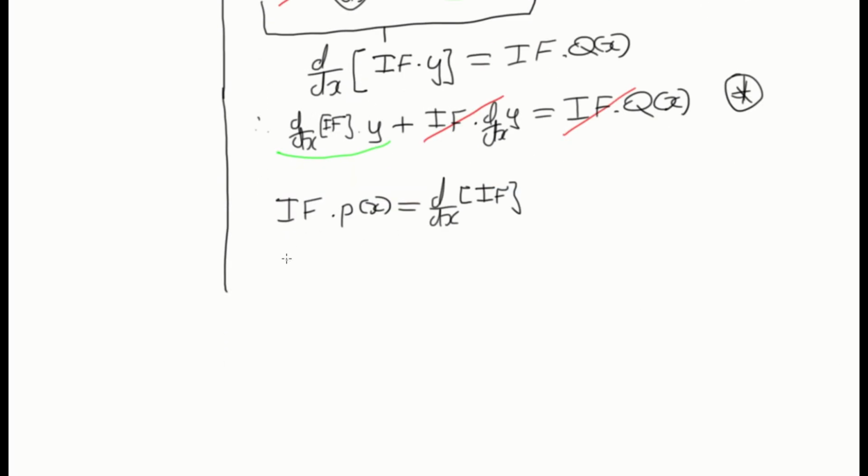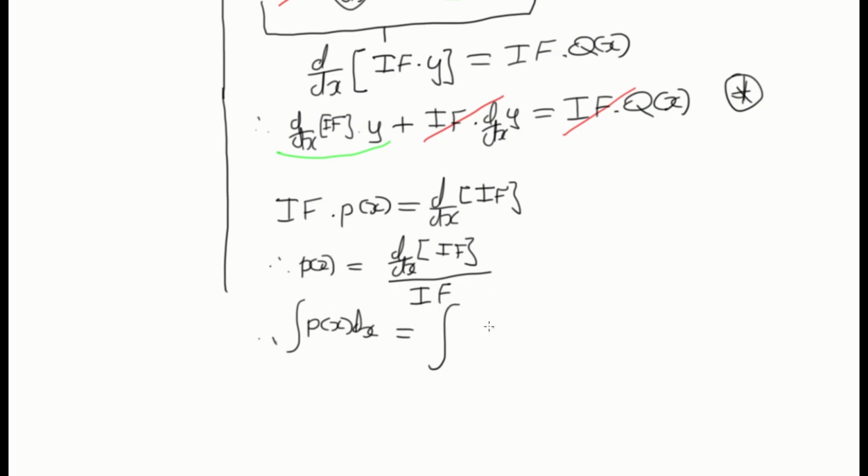So from here, what we see is that p of x is equal to the derivative of this stranger mu, divided by mu. If we integrate both the left and right hand side with respect to x, we will get the integral of p of x dx is equal to the integral of the derivative of mu with respect to x, all over mu, dx.